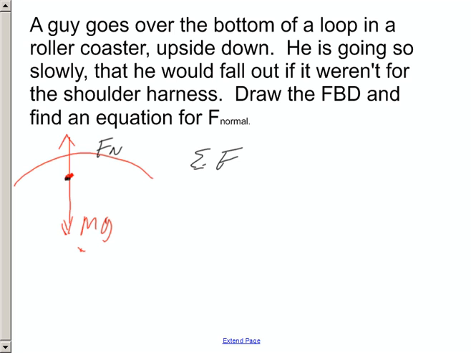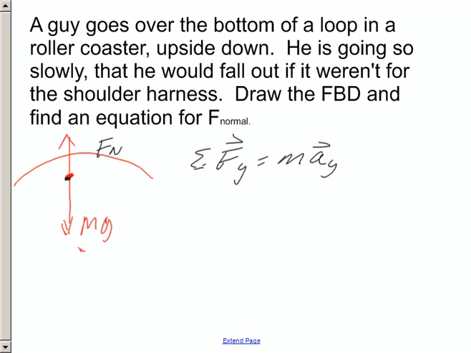Sum of the forces in the y direction equals ma in the y direction. Excuse my voice. I've got a couple things going on here that are giving me a sort of hoarse voice, but hang in there.